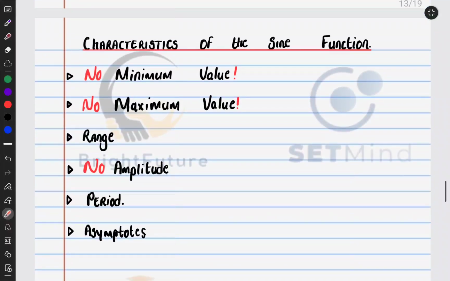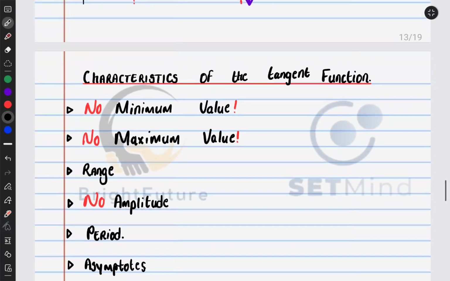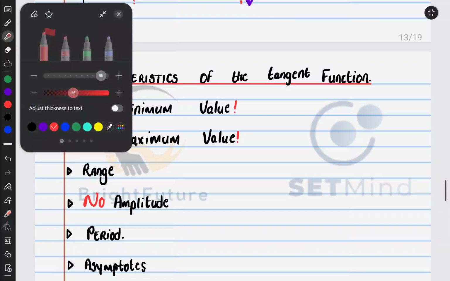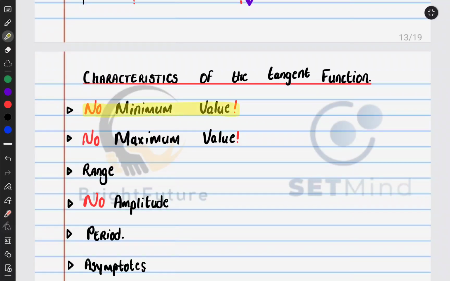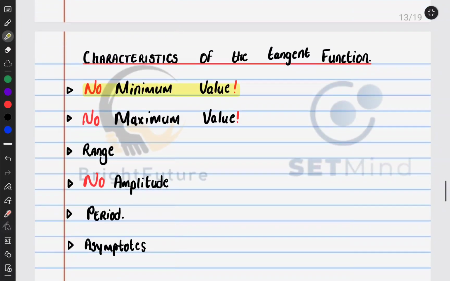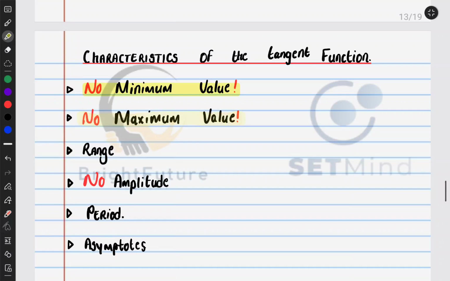Okay, let's get into some basic characteristics of the tangent function. First thing first, it has no minimum value, and it also has no maximum value.